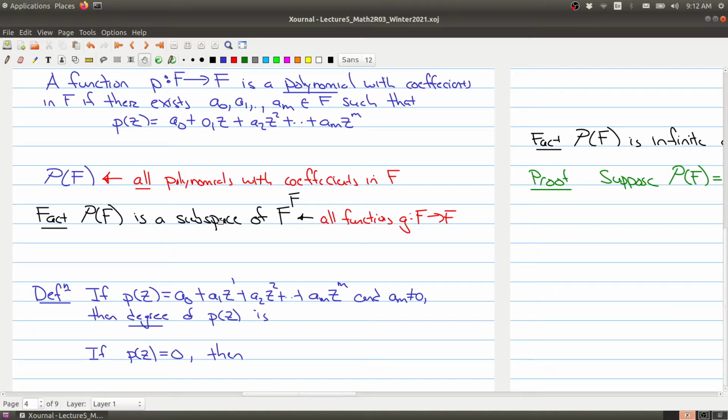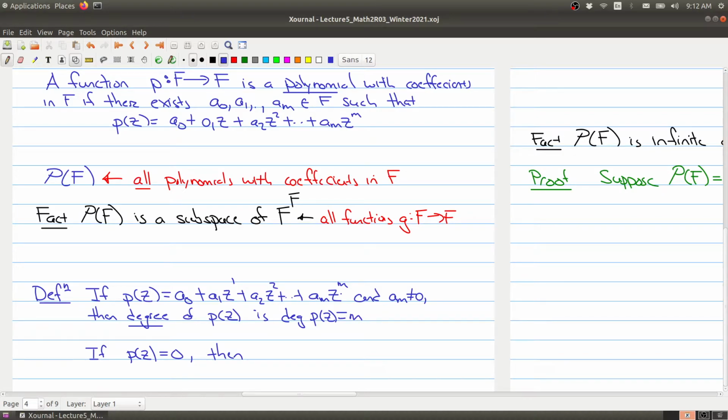And the other piece of information that we want to use is the fact that a polynomial has a degree. Again, this is something you would have seen in some of your earlier courses. We say that a polynomial a0 plus a1 z and so on of this form, where am is not equal to 0, has degree equal to m.